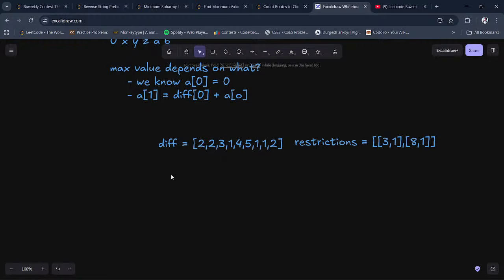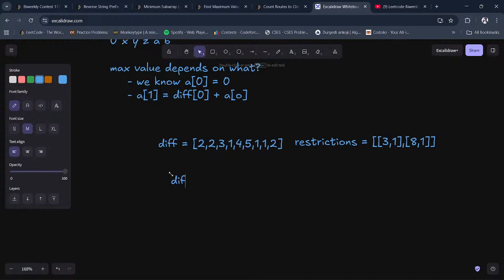We know difference of 0 is abs of a of 0 minus a of 1. We know a of 0 is 0. Then difference of 0 is nothing but abs of 0 minus a of 1, so difference of 0 is a of 1.